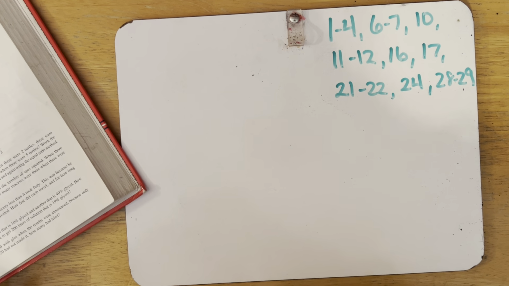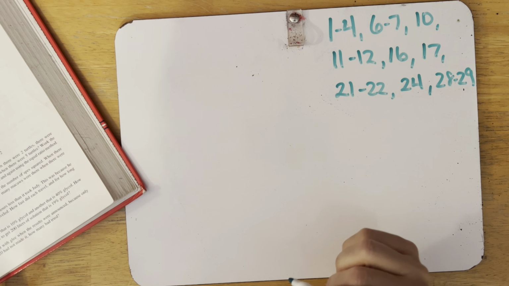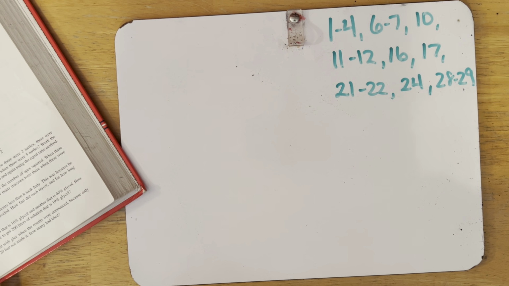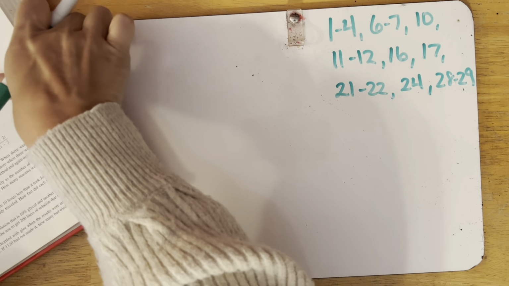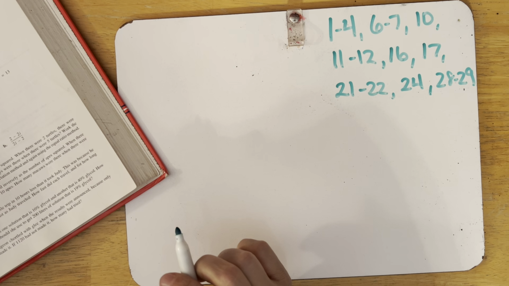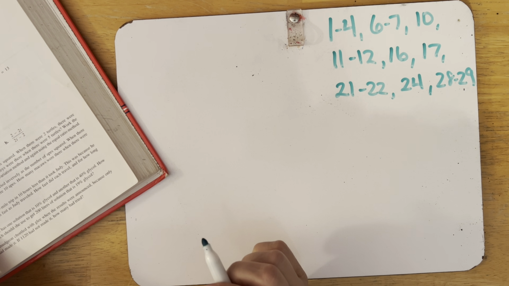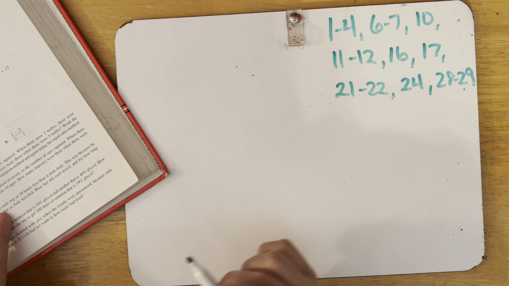Number 3, Roger made the 375-mile trip in 10 hours less than it took Judy. This was because he traveled 3 times as fast as Judy traveled. How fast did each travel, and for how long did each travel? Okay, so they've given us his distance.